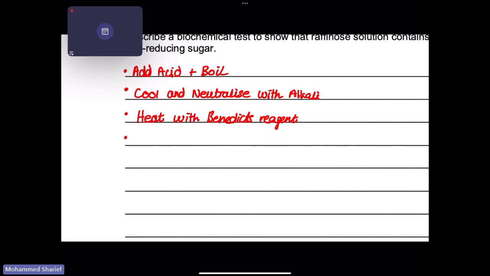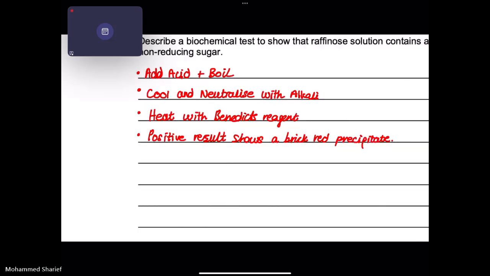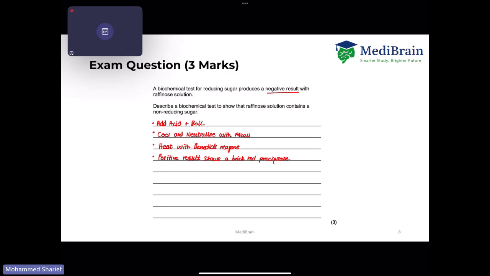So a positive result shows a brick red precipitate. Okay, and that's how I would answer this question.